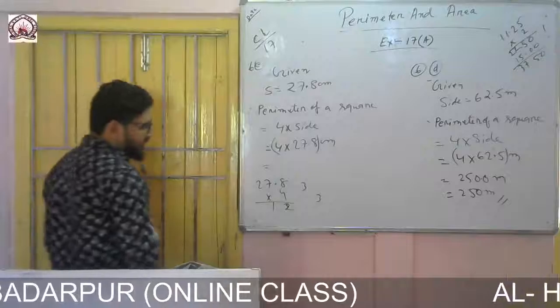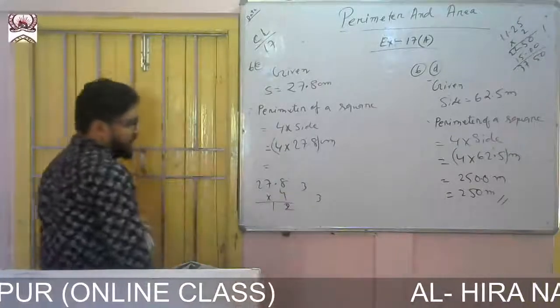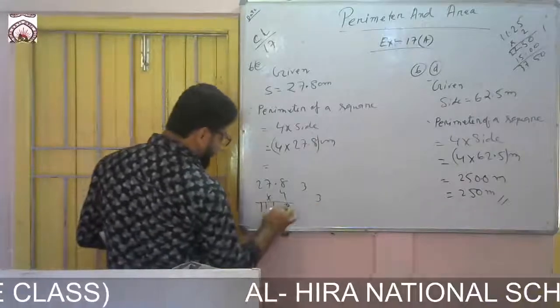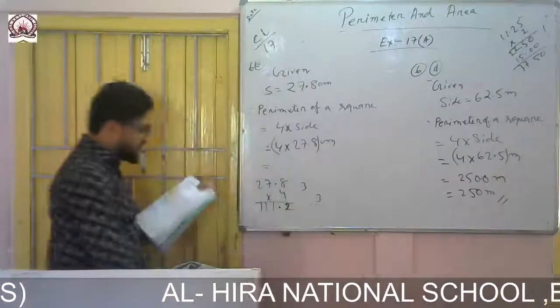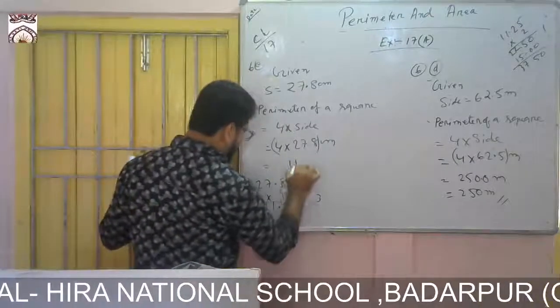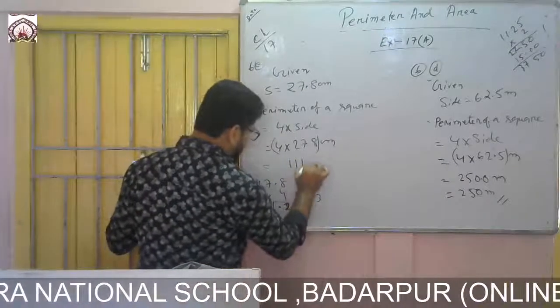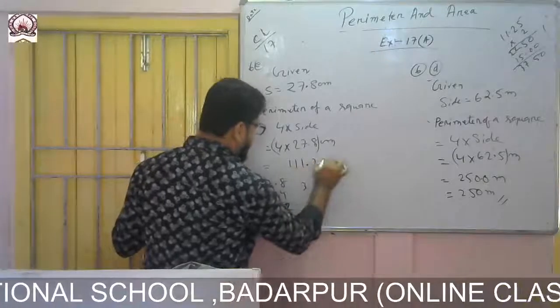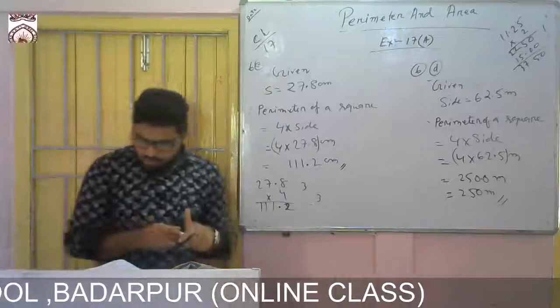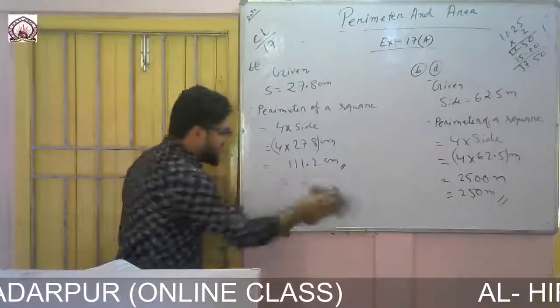Then 2 4 are 8, 9, 10, 11. So 11.2 we are getting, sorry, 111.2 centimeter. So that is the required answer. So this is the end of this exercise.